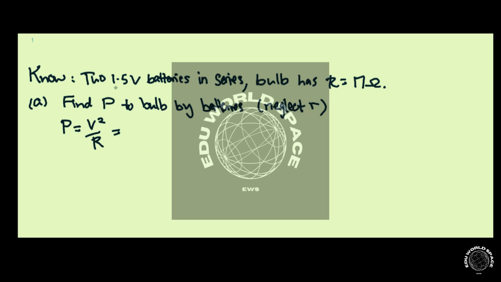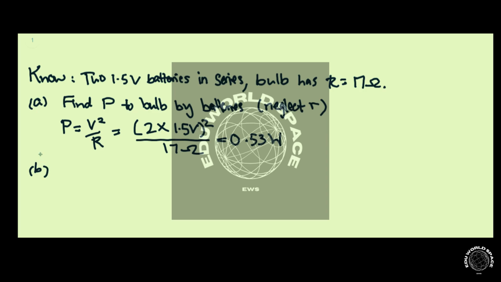So there are two batteries, so that's (2 times 1.5 volts) squared over 17 ohms, and the power that's dissipated here, or that's delivered to the bulb, is 0.53 watts. Okay, and now we move on to part B of the problem.